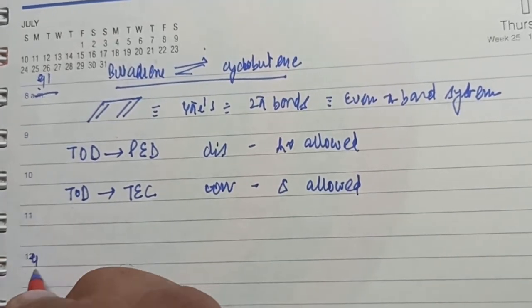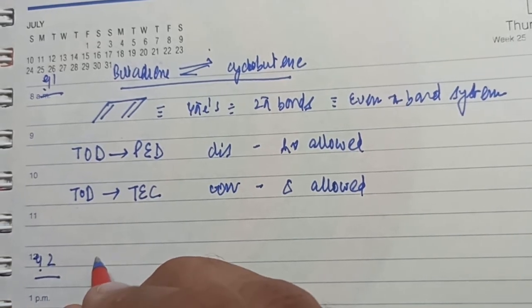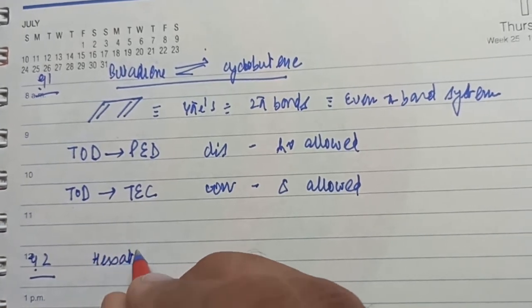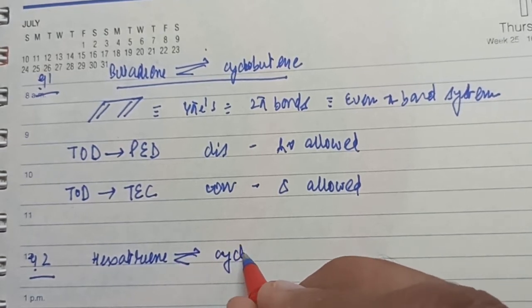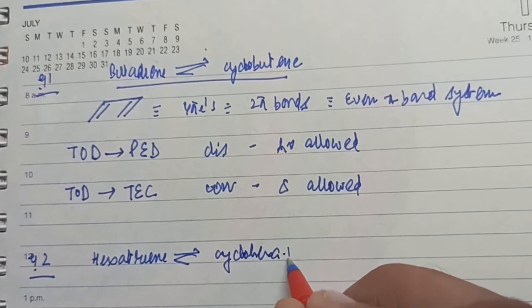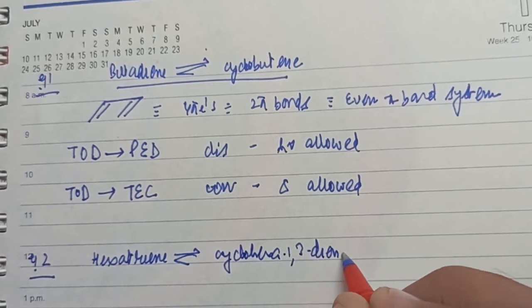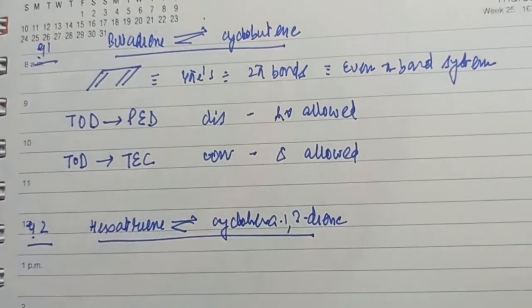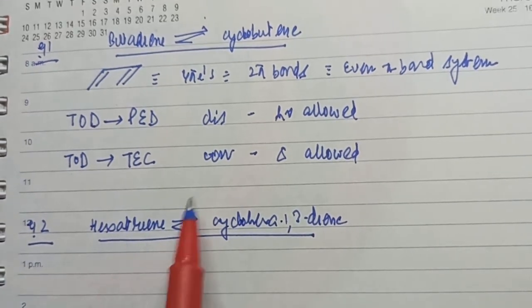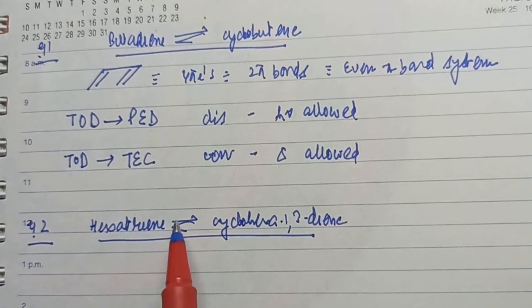Let's take another example. Let's take the hexatriene cyclohexa-1,3-diene interconversion. If we talk about this system, I will not write the number of pi bonds. I have to apply the formula on the open chain hexatriene.